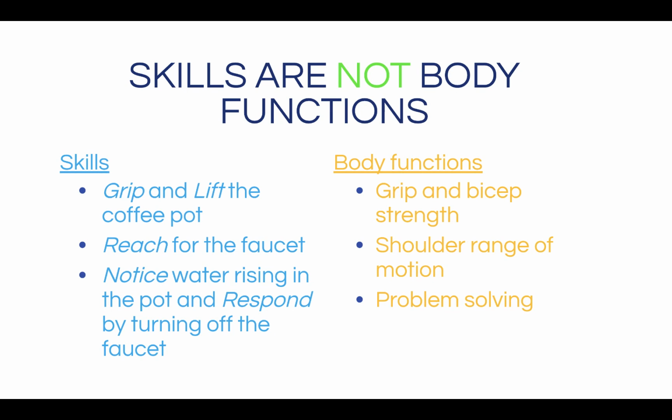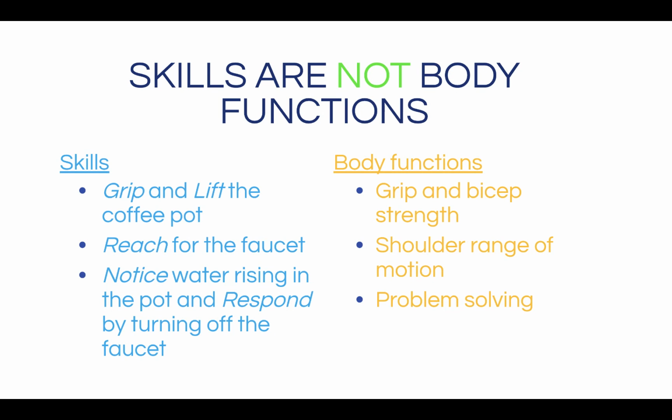Now, though, we're looking at how these body functions relate to an area of occupation. So let's look at the skill, and then we'll break it down and look at the body functions that support it. So the skill that we might be looking at is gripping and lifting a pot of coffee. That's our skill.